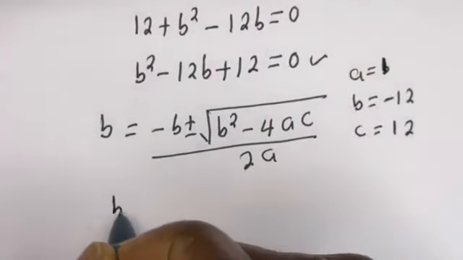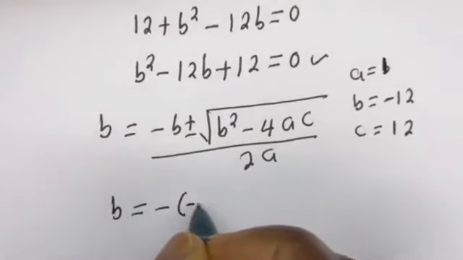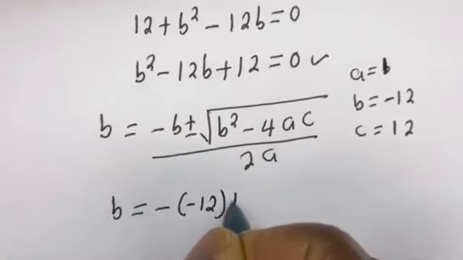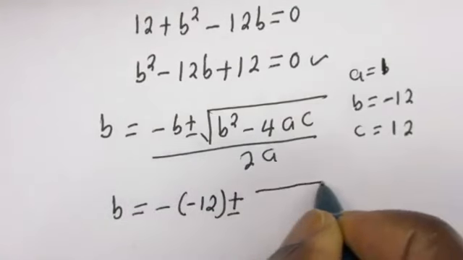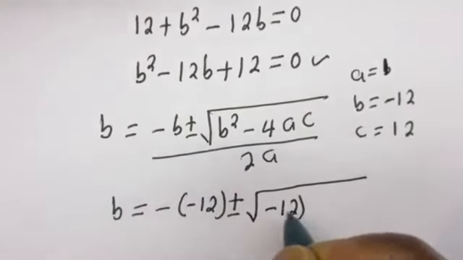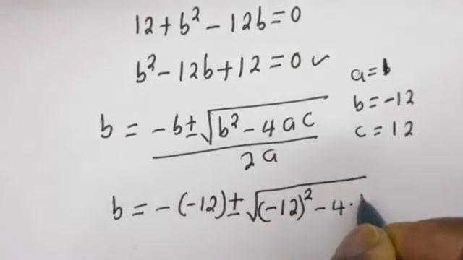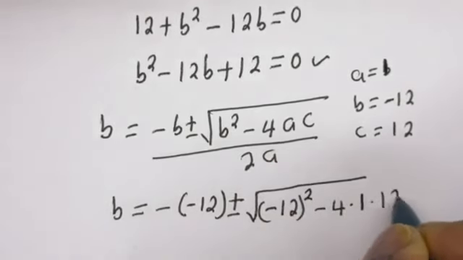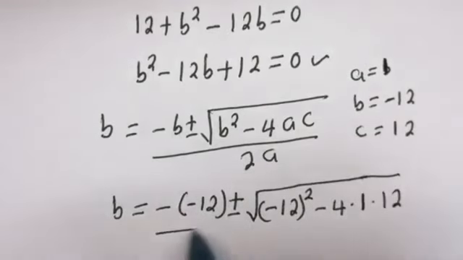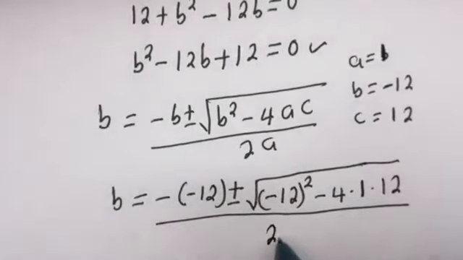Then B is equal to minus bracket B, which is minus 12, plus or minus square root of minus 12 all squared minus 4 multiplied by A, which is 1, multiplied by C, which is 12, divided by 2 multiplied by A, which is 1.